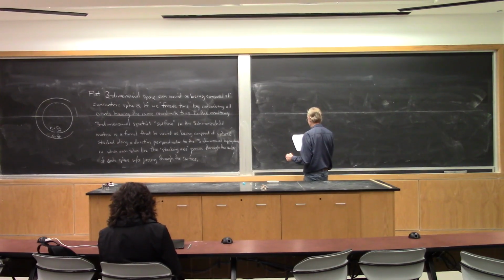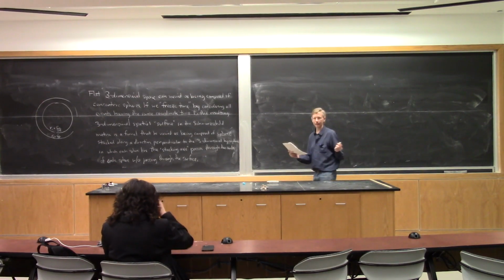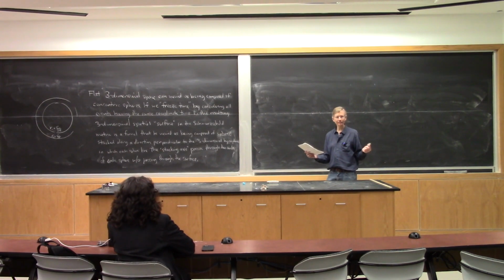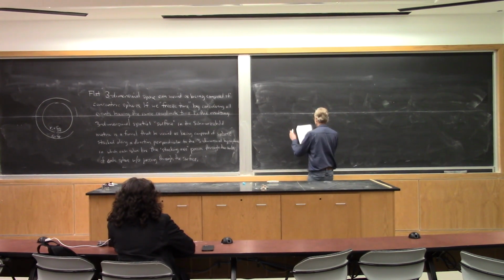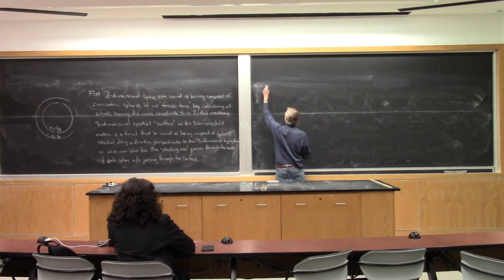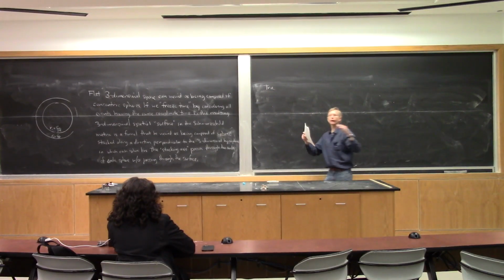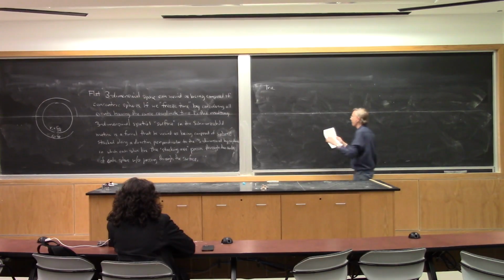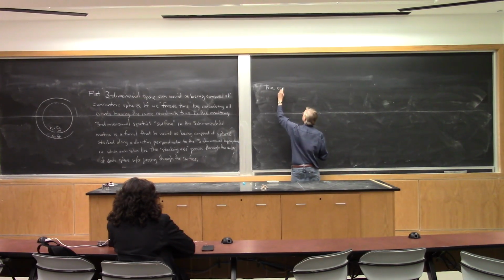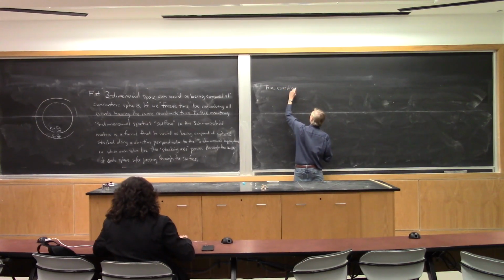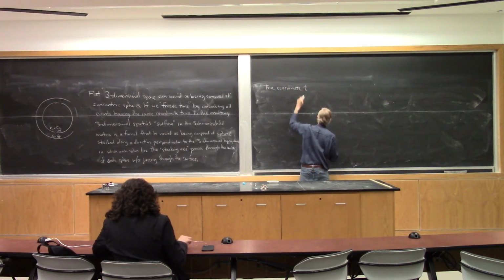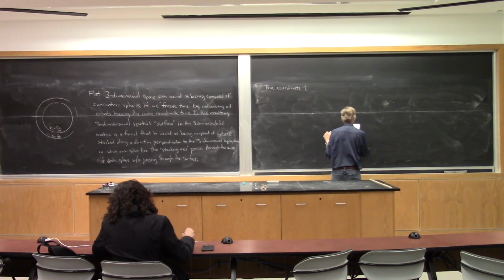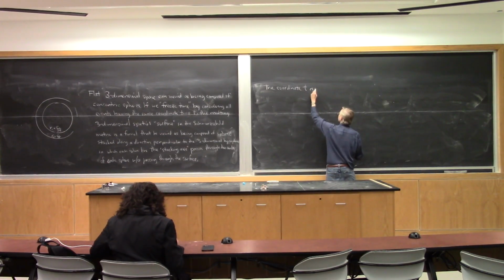Let's figure out what that t coordinate represents. What the heck is that? What is t? The coordinate t represents time as measured by a faraway observer. It's what we call faraway time, if you will.